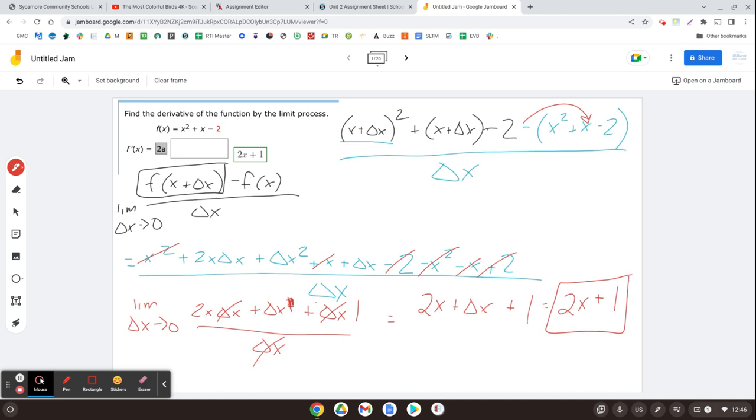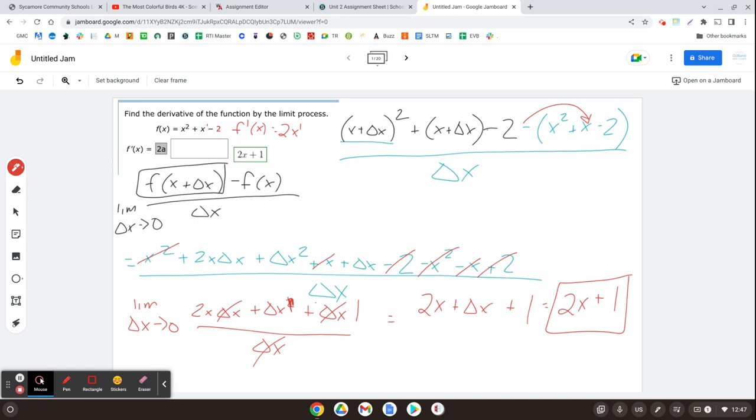Now, I got news for you. If anyone's passed Unit 2 in calculus, there's this thing called a power rule. If this is the function, the derivative is take the power, multiply it to the 1 less power. This says x to the first.